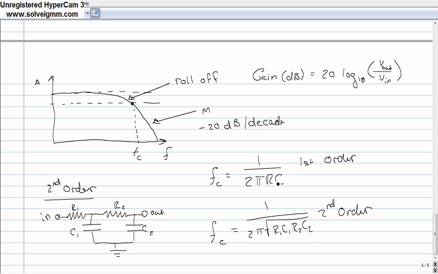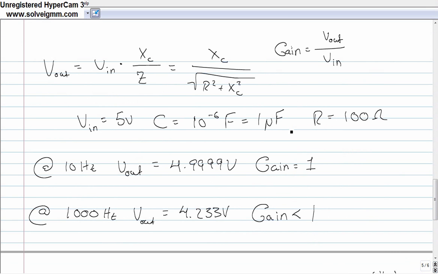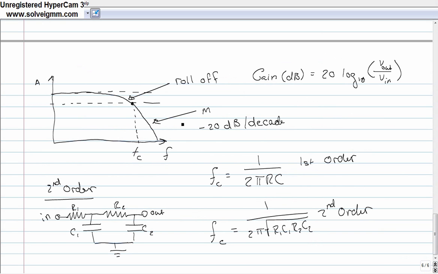Okay. So you do the math out and you find that the cutoff frequency that I used here, given the resistors and capacitors we put in, gives a cutoff frequency of 1591 hertz.